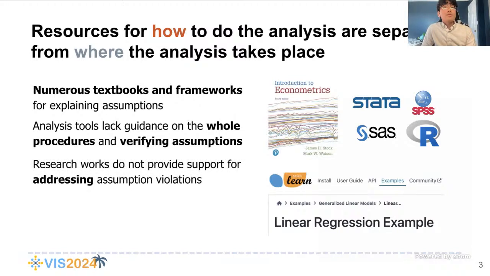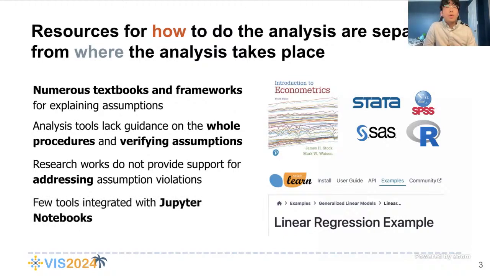Some research tries to provide support for assumption checking, but it does not provide step-by-step support, and it doesn't address assumption violations either. Besides, few tools are integrated with computing environments such as Jupyter Notebook, where analysts usually perform their analysis because of its flexibility.